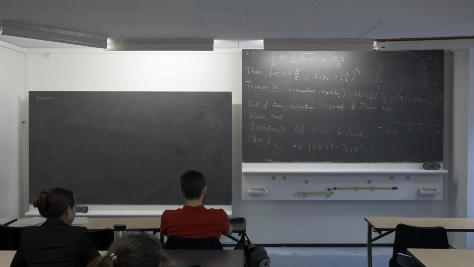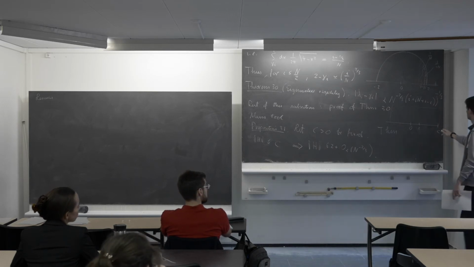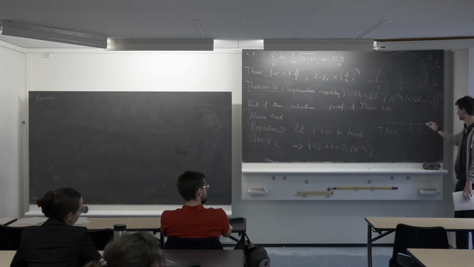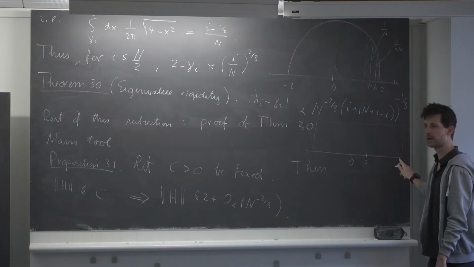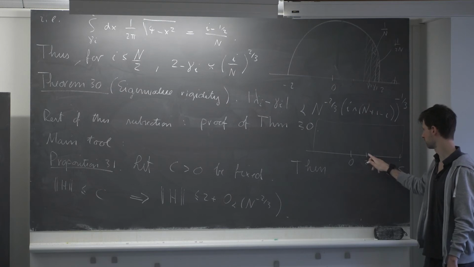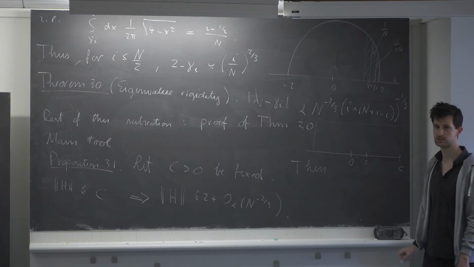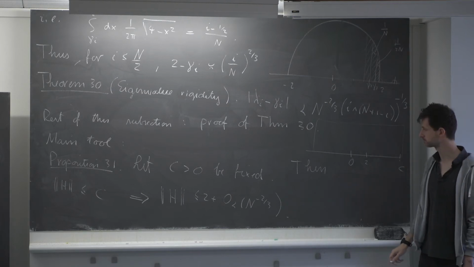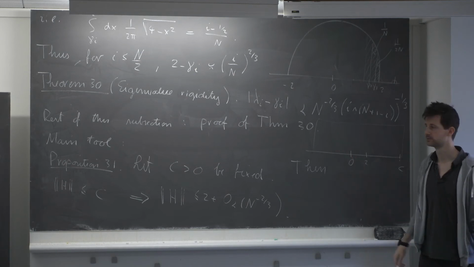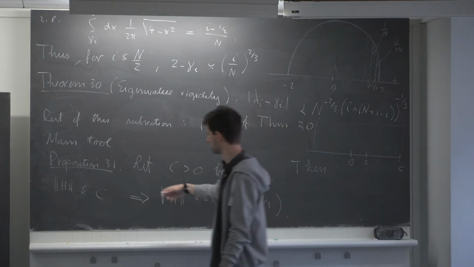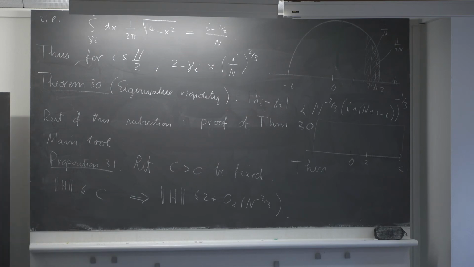So we usually like to fix the size, so we will be able to preclude the existence of eigenvalues anywhere here, because this is where the local law applies. And beyond this C, we don't have the local law, and we have to use another argument. But that's the idea behind the proof of this proposition.